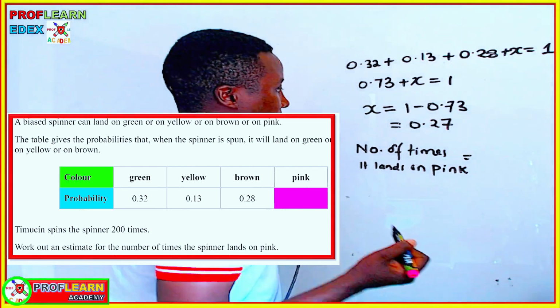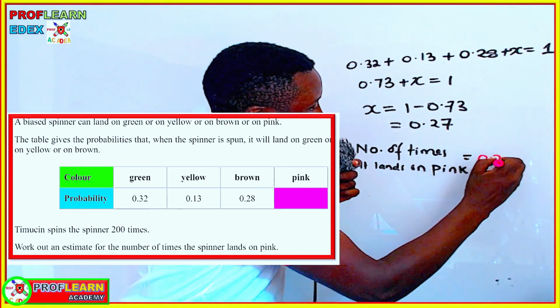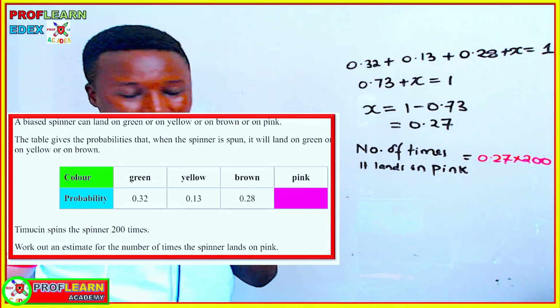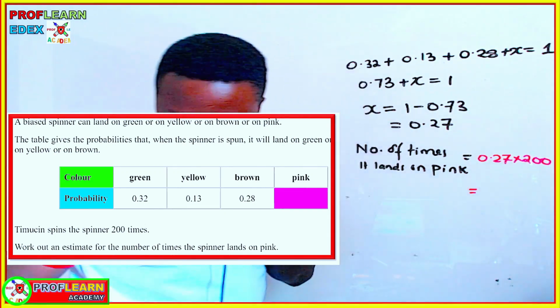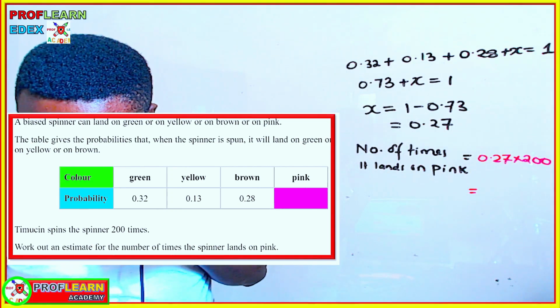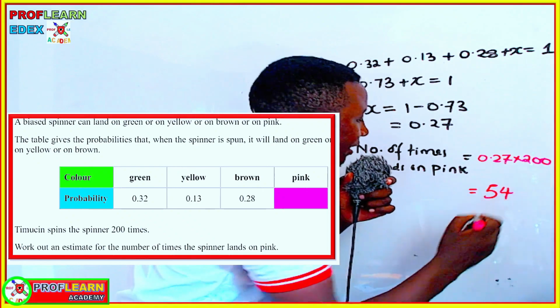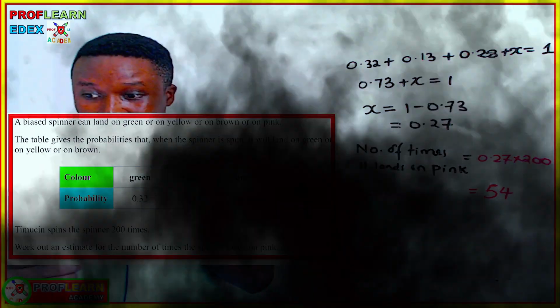This is going to be 0.27 times the number of times it was spun. If you work this out, we get our final answer of 54 times. It landed on pink 54 times.